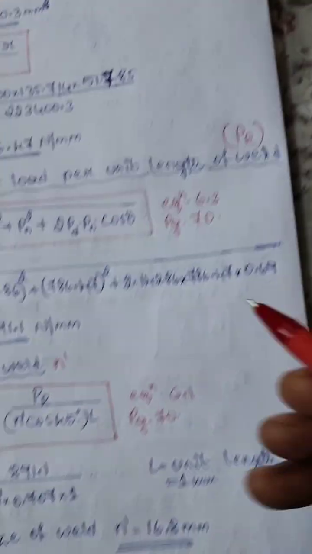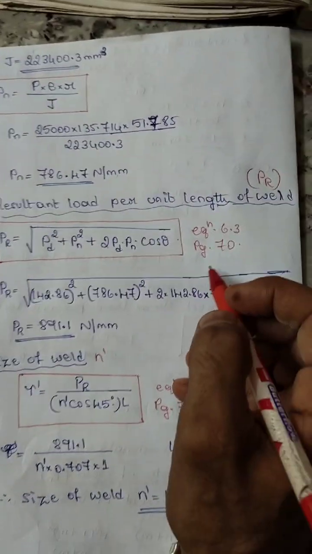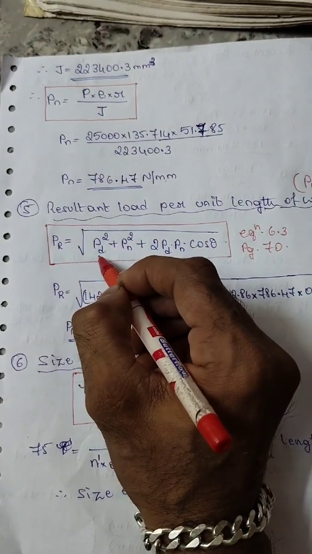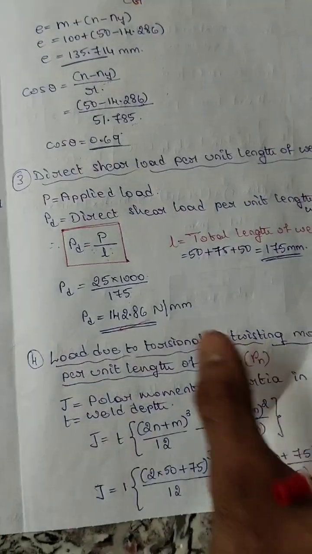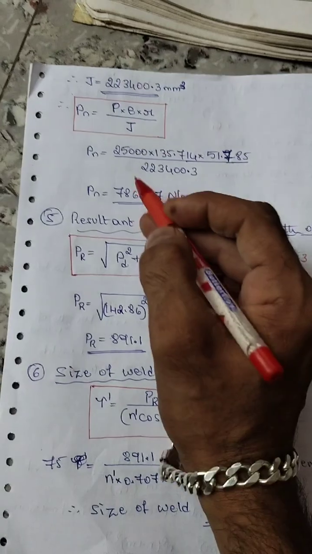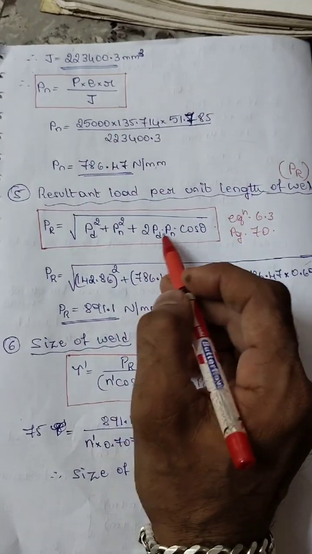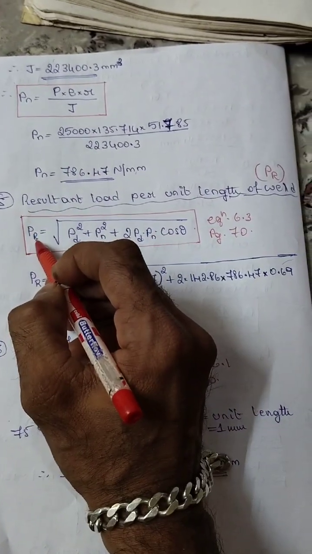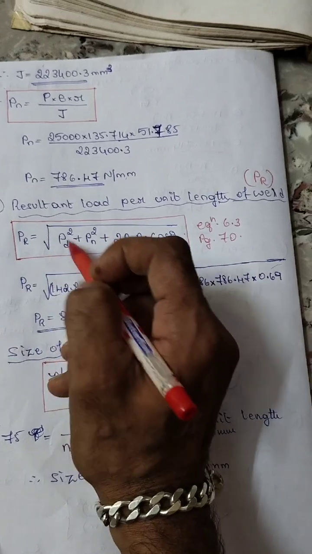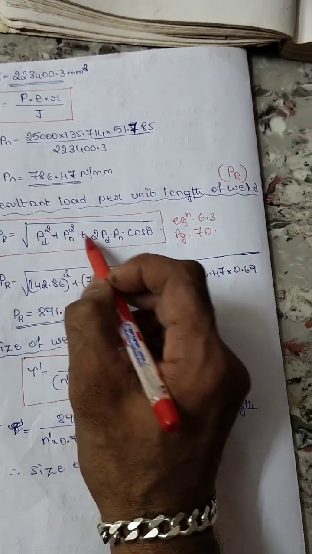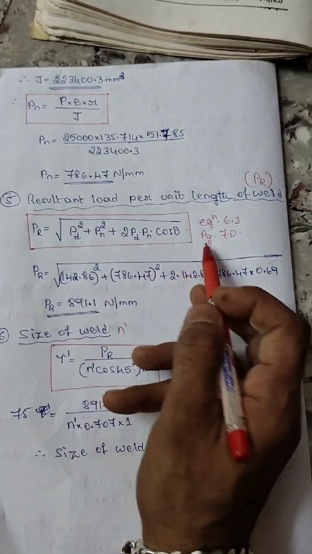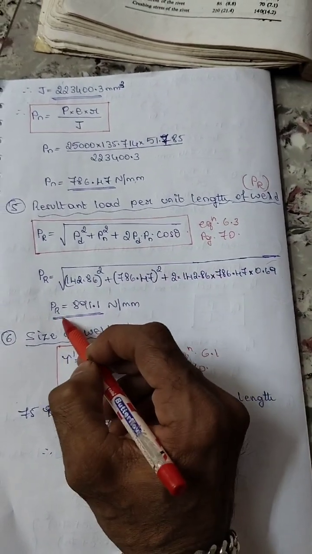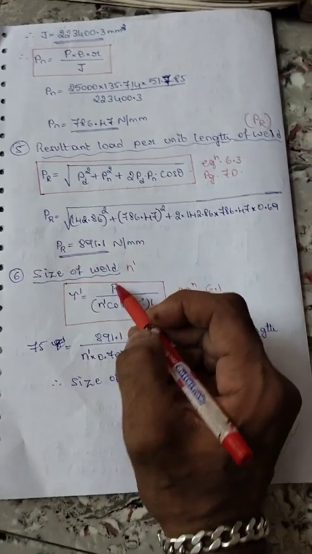This is equation 6.3, but here I have made a little modification because we have used PD and Pn in our calculation. So PR, the resultant load, is equal to the square root of PD square plus Pn square plus 2 PD Pn cos theta. Substitute the values and you will get PR, the resultant load.